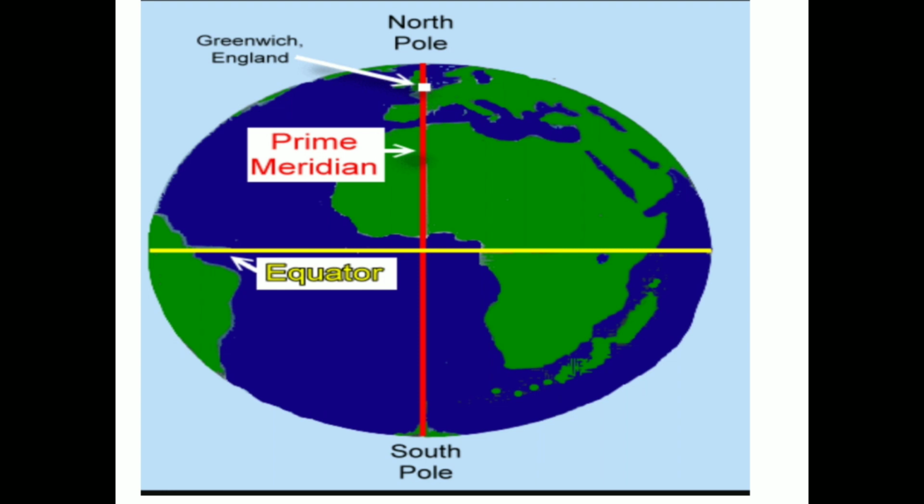Here you can see the red line, that is the 0 degree meridian, the prime meridian, and the 0 degree parallel on the globe, which is in yellow color, that is the equator.